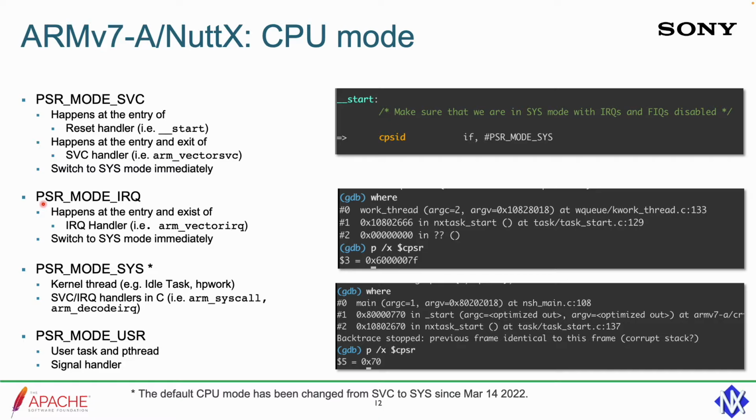In the IRQ handler, we switch to system mode immediately. The system mode is used for kernel code, including kernel threads, for example the idle task or HP work, which is used for networking. User mode is used for user tasks, as well as pthread and signal handlers. You can see the CPSR register like this in GDB.